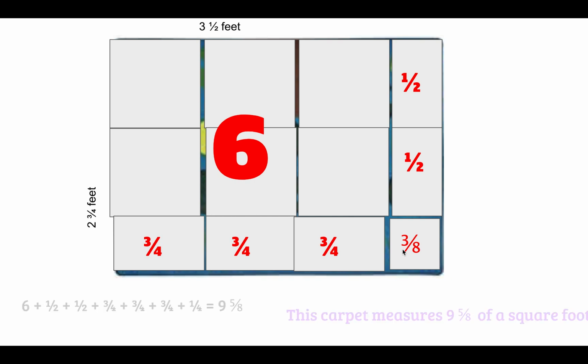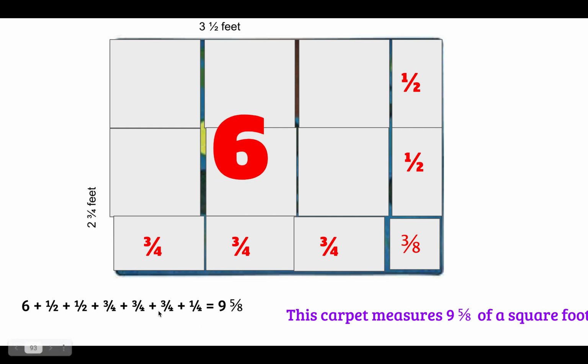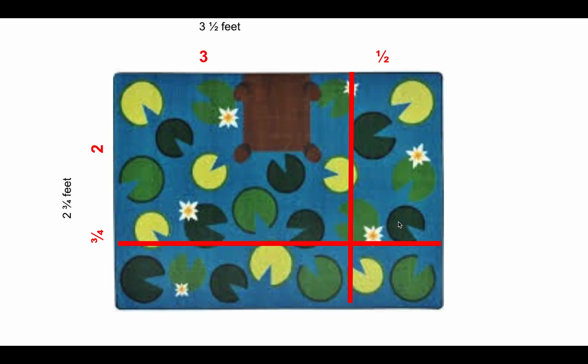But then to find the whole area, I would have to add all these numbers up. You can do it, but it's a little bit messy. So when I add them all up, I could find out that it measures 9 5/8. But here's the easier way. I'm just going to multiply the whole numbers and the fractions times each other.